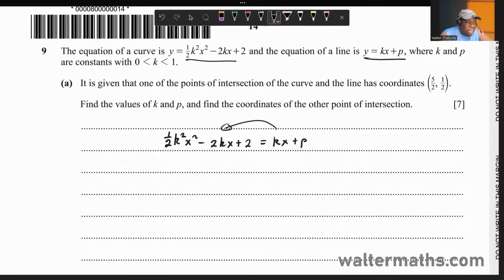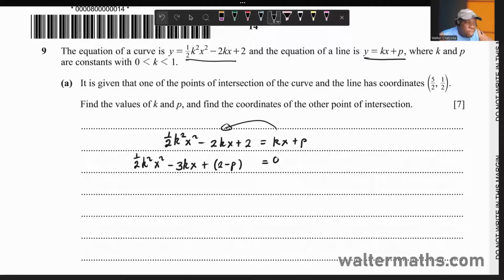So it's half k squared x squared minus 2kx minus kx. So it becomes minus 3kx. And that's plus 2 minus p equal to 0. All right. So this is what we have, this equation here.